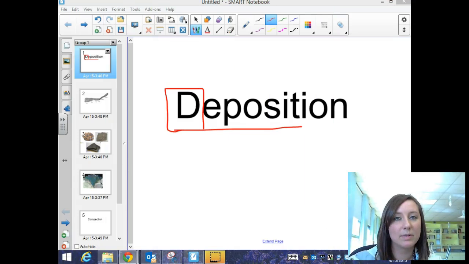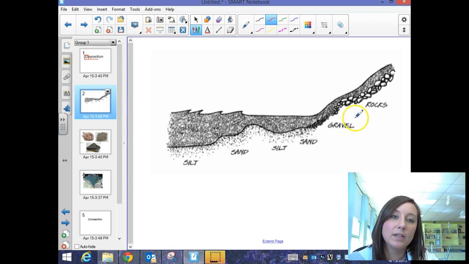But that's as far as deposition. All it is is the sediment dropping out of the wind or the water. Now, what's really interesting about this, and taking it to the next level, is we want to think about, as that water slows down and there's a decrease in kinetic energy, what's going to fall out of it first? And if we look, the first things that are going to fall out are the larger particles.